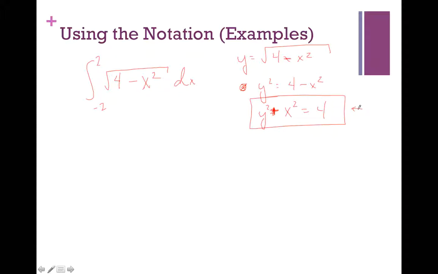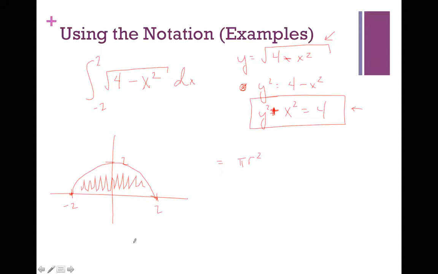So that is the non-function version, and this is the function version. Technically, from negative 2 to 2, I have a circle, or actually half a circle, for the positive square root. And I'm trying to find the area below that curve. We know area is equal to pi r squared.